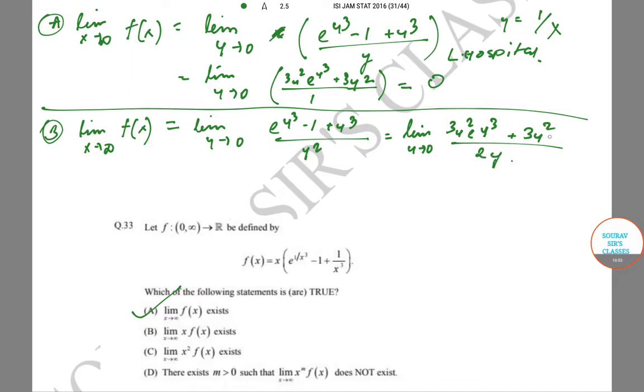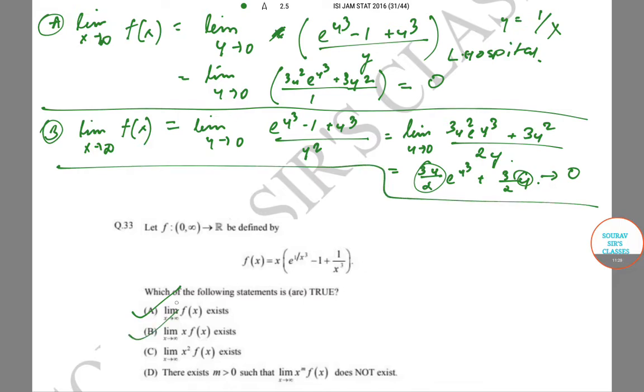Now the numerator and the denominator also go to 0, but we can just cancel it out to get 3y by 2 e to the power y cube plus 3 by 2 y. So this goes to 0 as y goes to 0, as both terms have y here, and so the limit exists and B is correct.